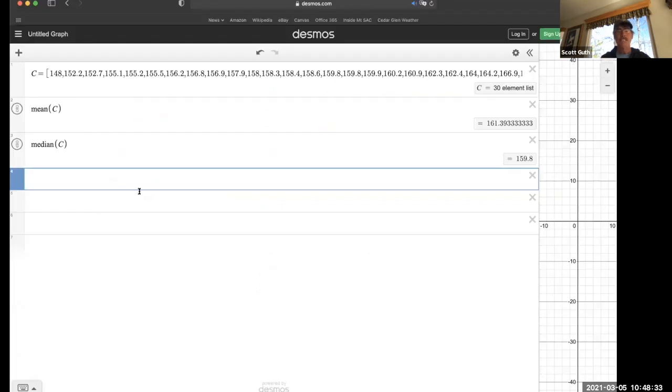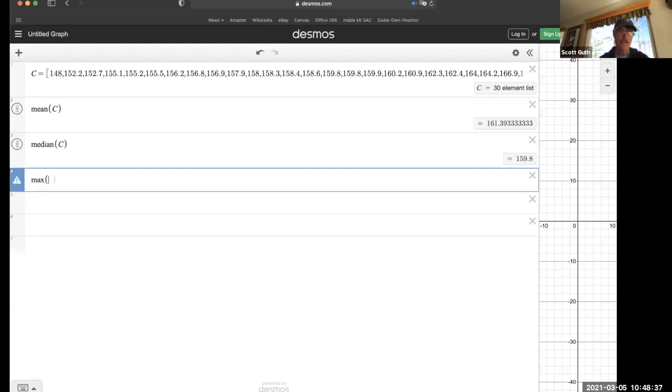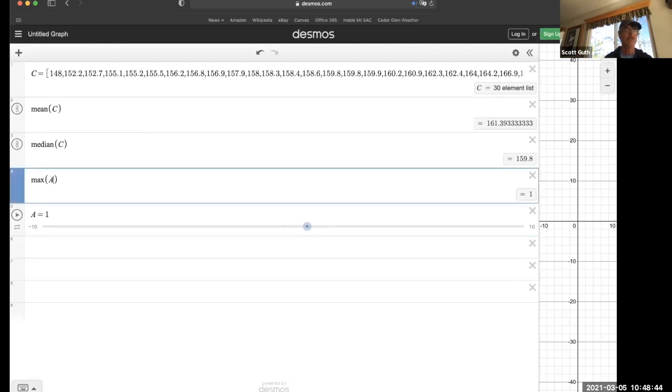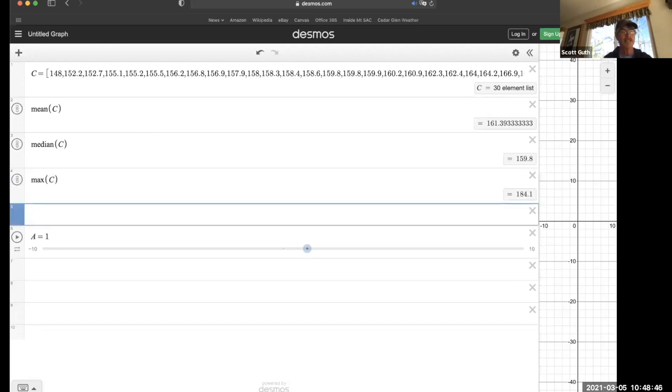It's easy to see the max when they're sorted, but if you want, you could say max A, so it's just the maximum value in the data set. That did not work because the data set is now called C. So the maximum of C is 184.1.